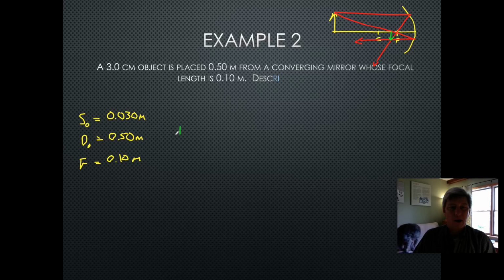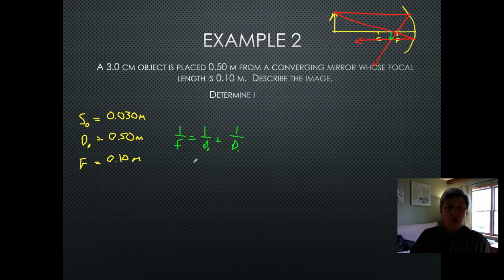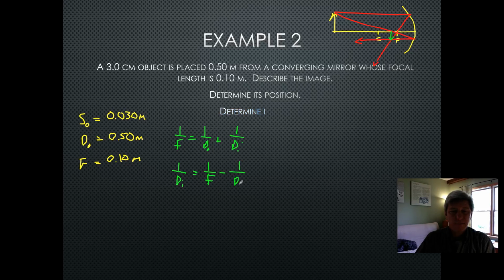So again, 1 over F equals 1 over DO plus 1 over DI. If I want to find the location of the image, I'm going to have 1 over DI equal 1 over the focal length minus 1 over the DO value.